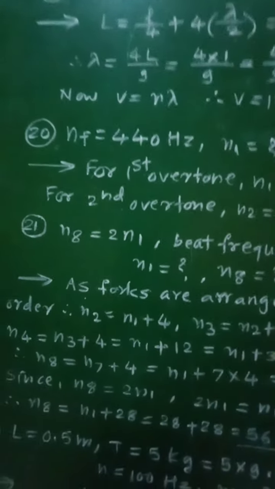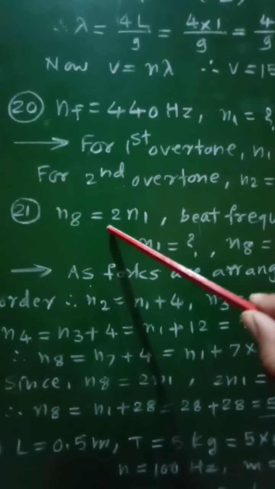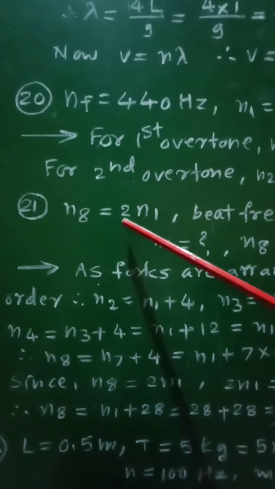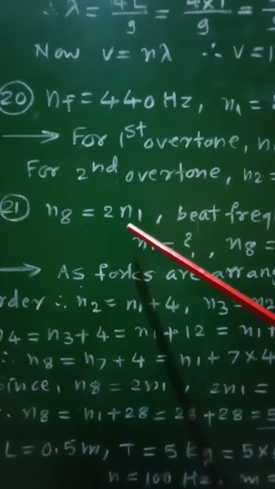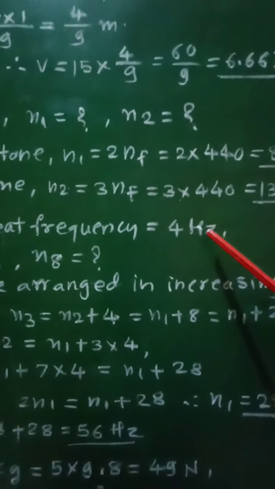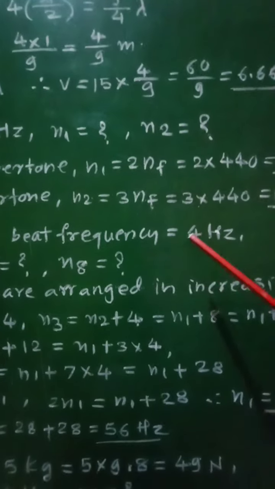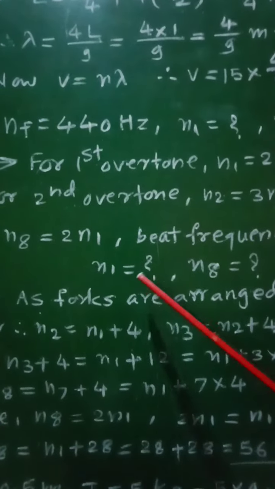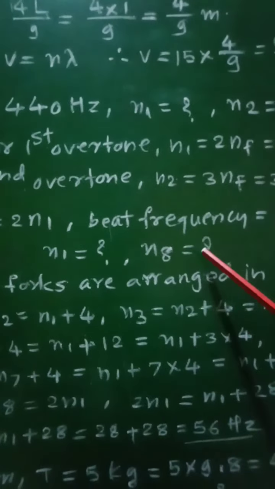In this case the given data is the frequency of 8th tuning fork N8 is equal to 2 N1, that is frequency of last tuning fork is equal to twice the frequency of first tuning fork. Similarly beat frequency is given, equal to 4 Hz, that is the frequency difference between successive tuning forks is 4 Hz, and we have to find out the frequency of first and last tuning fork, that is N1 and N8.